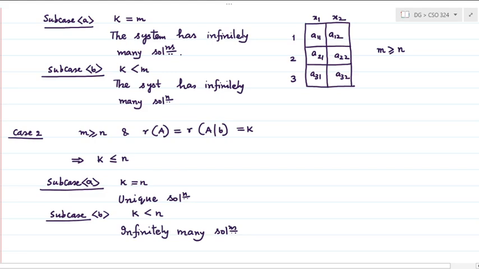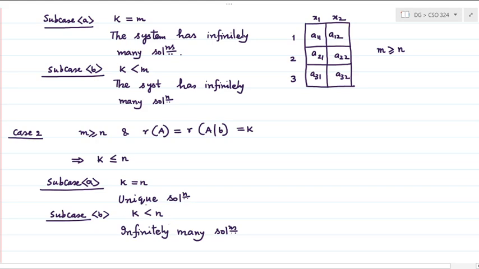And here you note that when you have k less than m, or when you have k less than n, then in those cases you obviously have redundancy. By redundancy, what do I mean here?